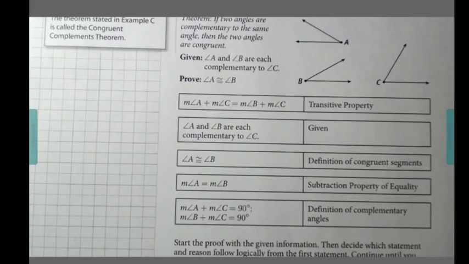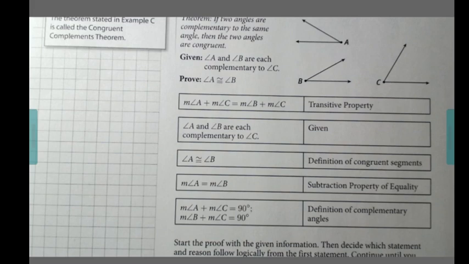And we have the measure of angle A plus the measure of angle C equals the measure of angle B plus the measure of angle C. And they called that the transitive property. They said angle A and angle B are each complementary to angle C. That was given. Here they state angle A is congruent to angle B.